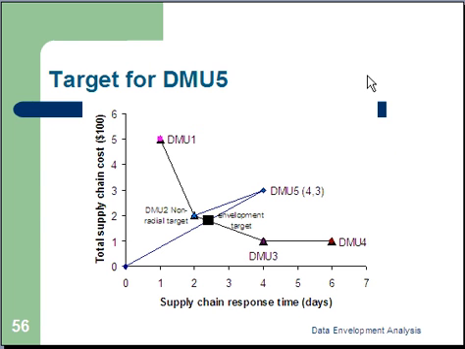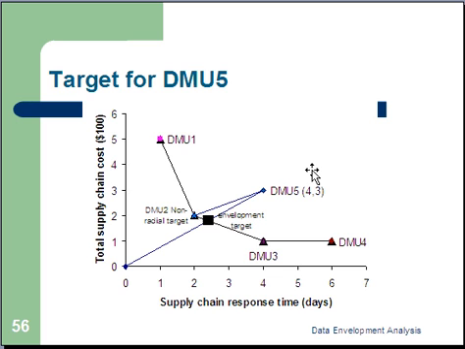Usually you will get a different projection point on the frontier. This is an example. So if you look at this DMU5 with 4 and 3 being the two inputs, and assume of course the outputs are the same across all the DMUs, this box on the frontier is the target from the input-oriented model. And if you apply the non-radial model, you get a target on DMU2, so you get a different target.